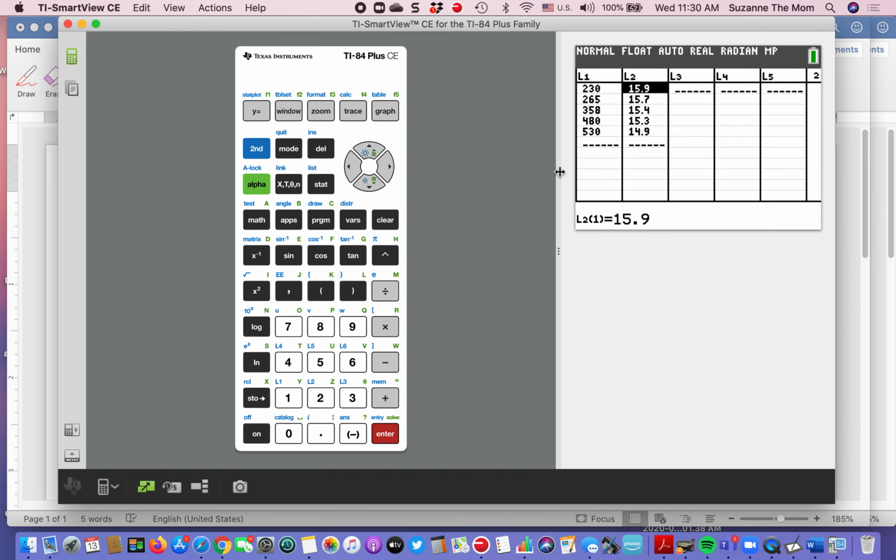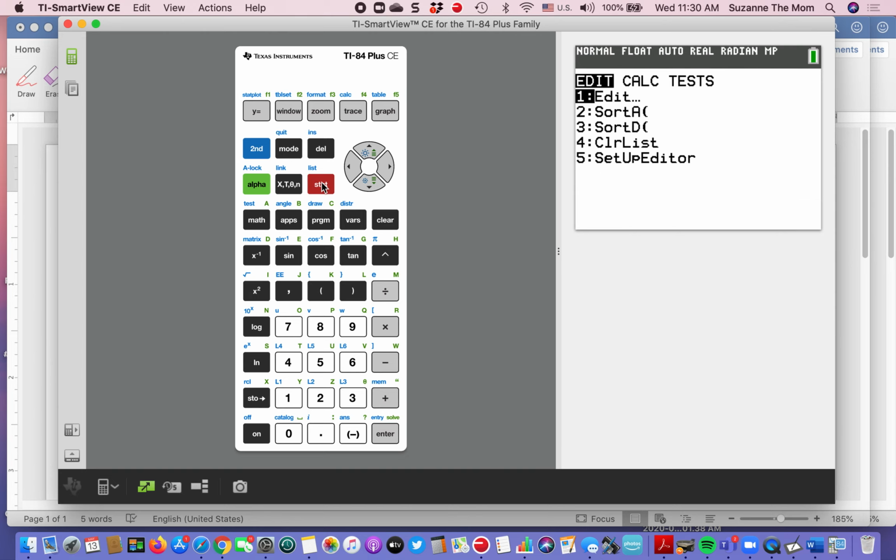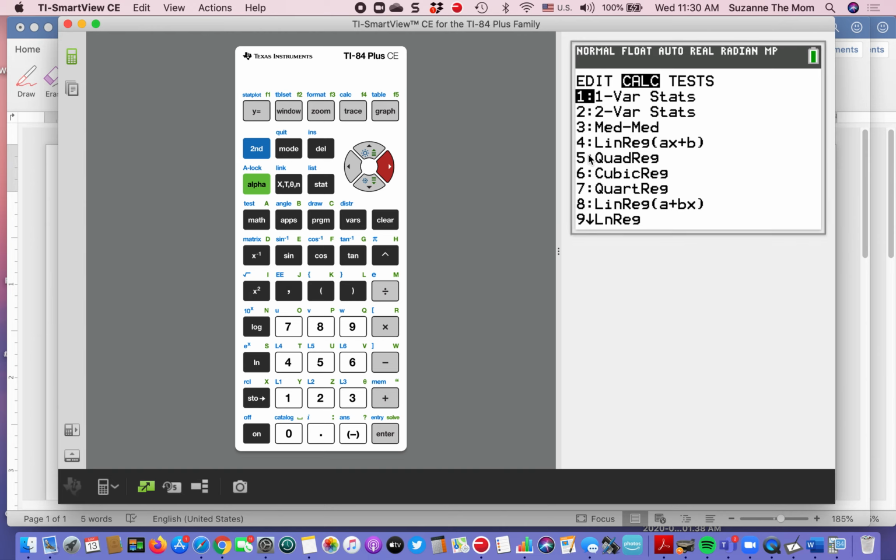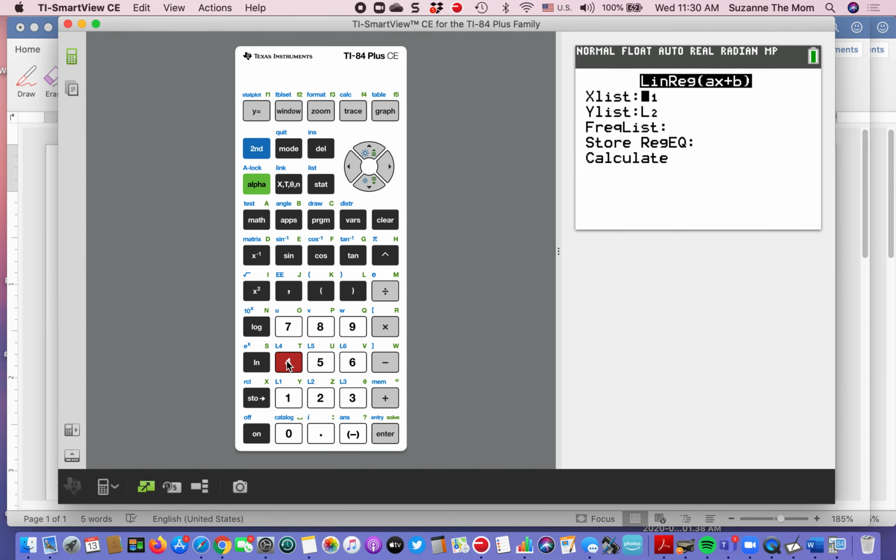Okay, so now you've come back and you have your data in your calculator. Let us make the line of best fit. You're going to hit Stat, go over to Calc, and you want number 4, linear regression. Make sure that your X list and your Y list are L1 and L2.